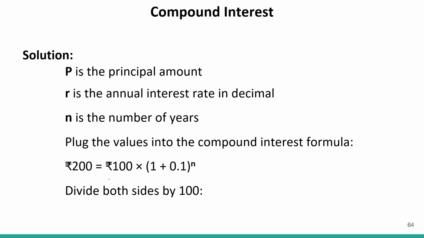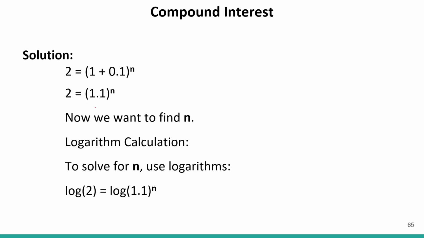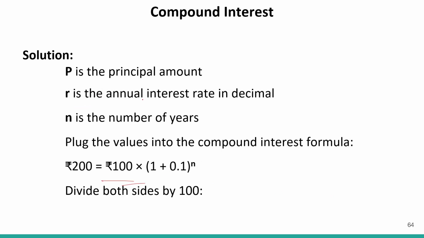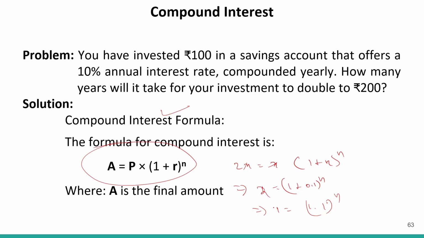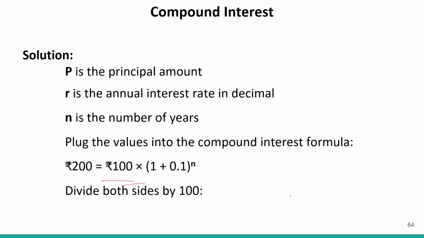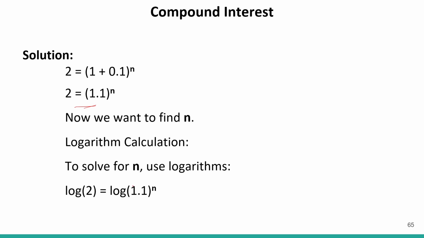Taking log, log 2 is equal to log of 1.1 power N, so it will be equal to N log 1.1. Now using the logarithmic table, N is equal to log 2 by log 1.1.